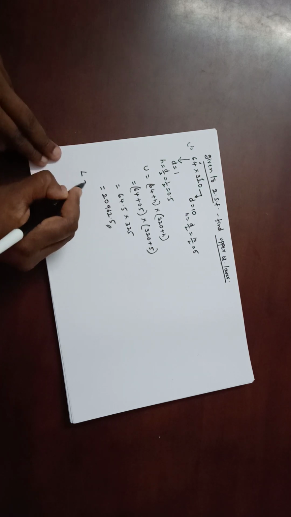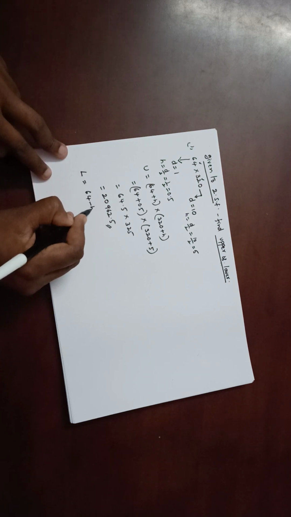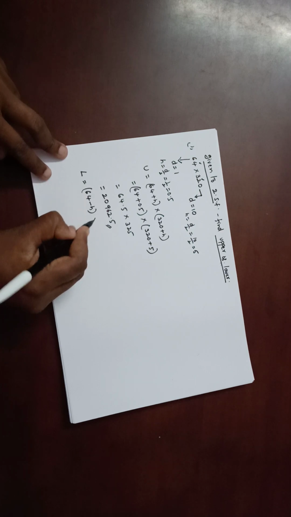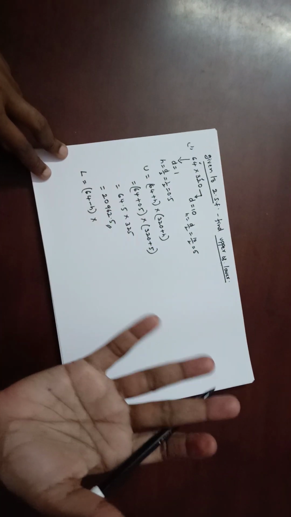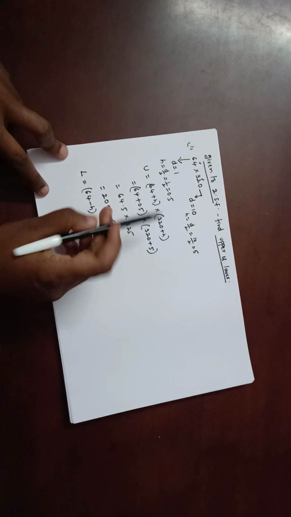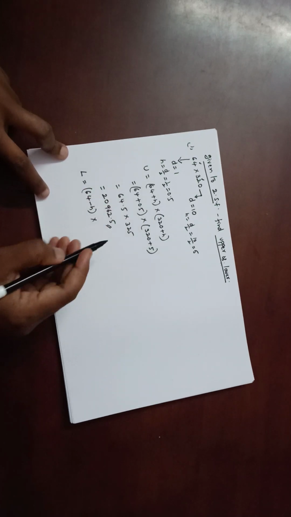Coming to your lower bound, 64 minus H. The method is the same. Upper bound means plus, lower bound means minus. The method is the same, but you should check your half of the accuracies.